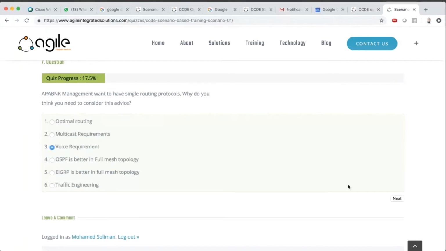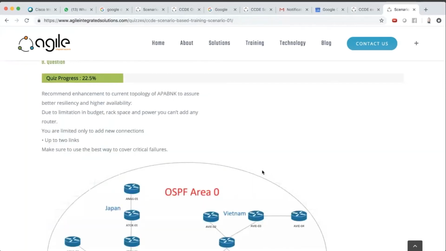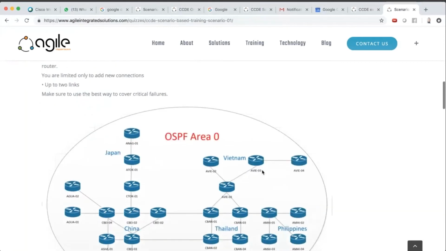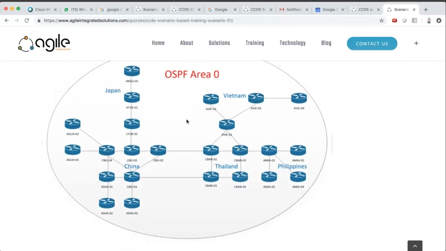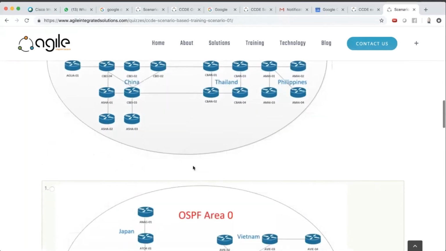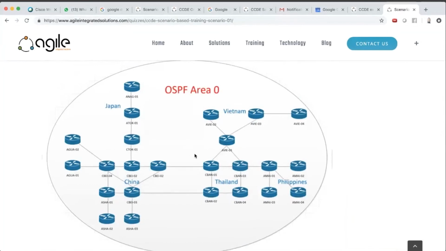So here in the start, we have a lot of multiple choice questions. So this is the first question. It's a drawing question, and as I told you, the drawing tool in the exam is not complete yet. So what we have to do is do it like a multiple choice. This is the single OSPF area, and we are just adding redundancy.